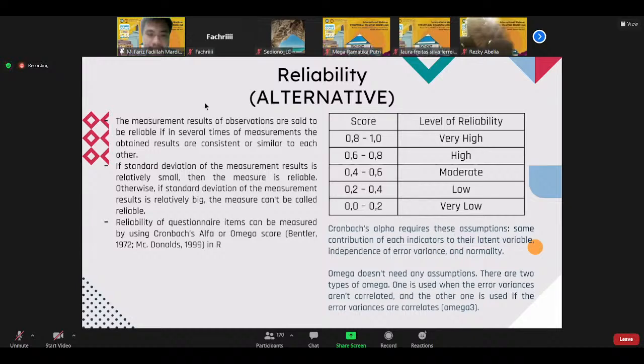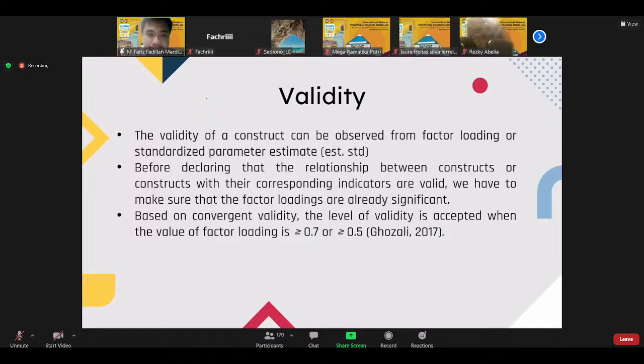Okay, validity of a construct can be observed from the factor loading or standardized parameter estimate. Before declaring that the relationship between a construct and its corresponding indicators is valid, we have to make sure that the factor loadings are already significant.